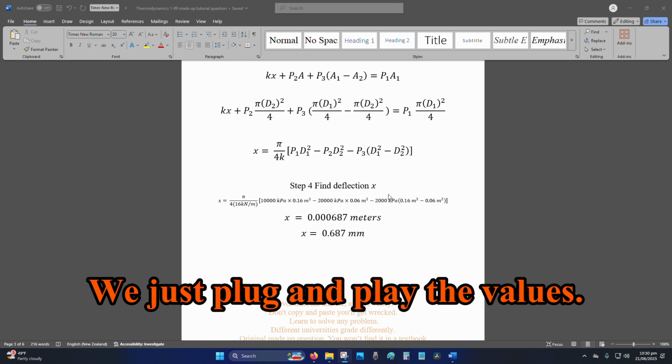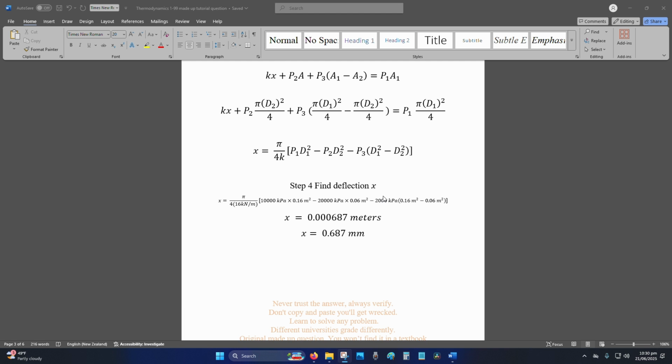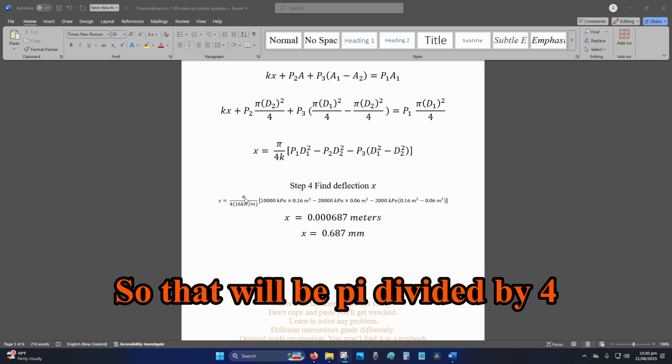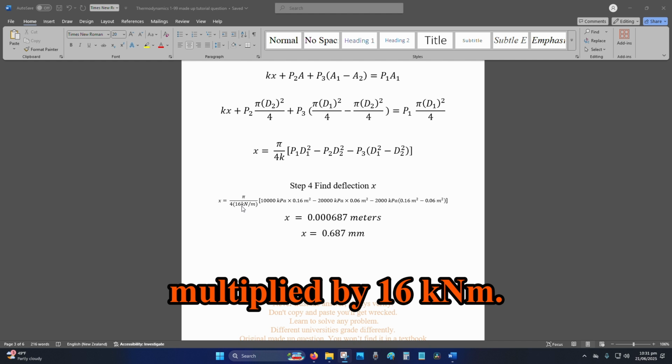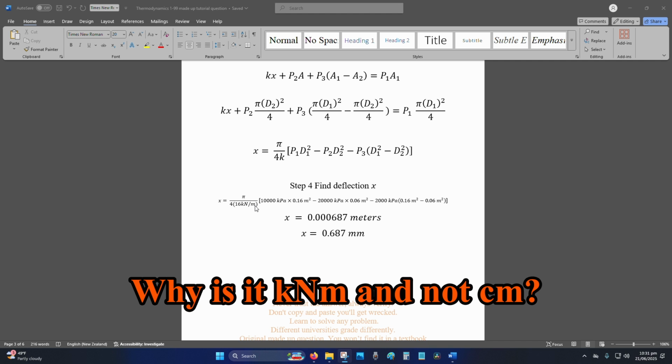We just plug and play the values. So that'll be pi divided by 4 multiplied by 16 kilonewton meters. Why is it kilonewton meters and not centimeters?